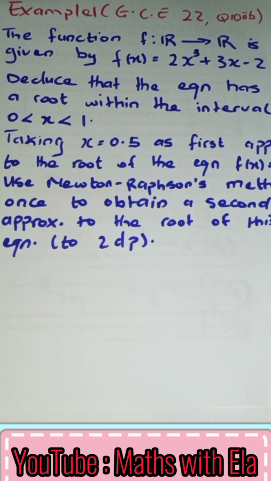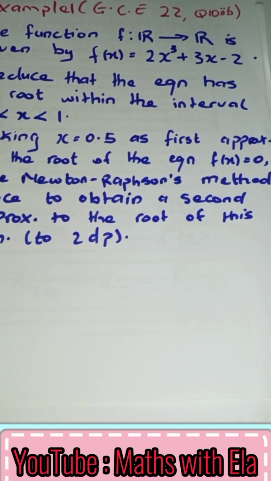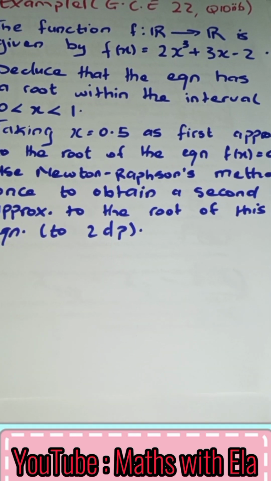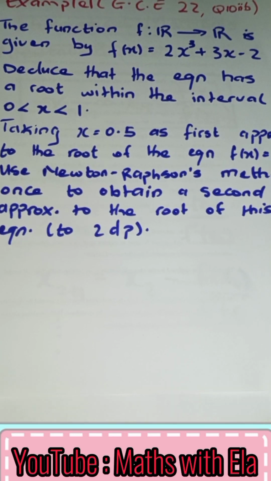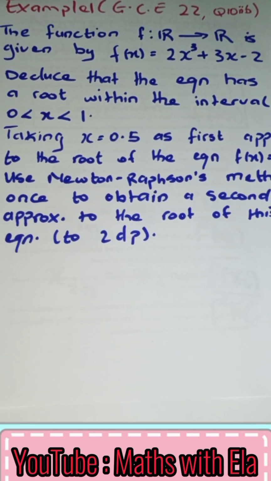We are asked to deduce that the equation has a root within the interval 0 and 1. The next part: taking x equals 0.5 as the first approximation to the root of the equation f(x) = 0, use Newton-Raphson's method once to obtain a second approximation to the root, and give the answer to 2 decimal places.